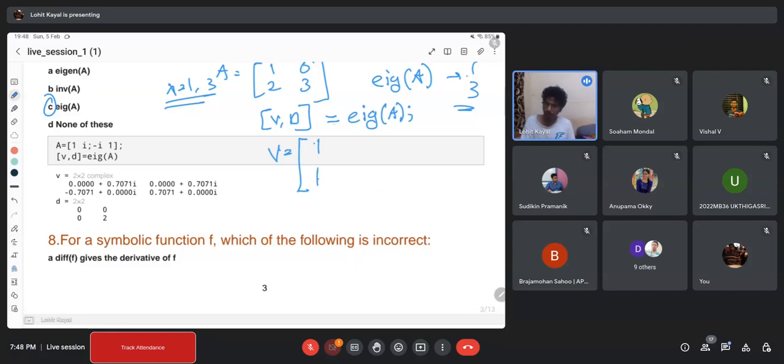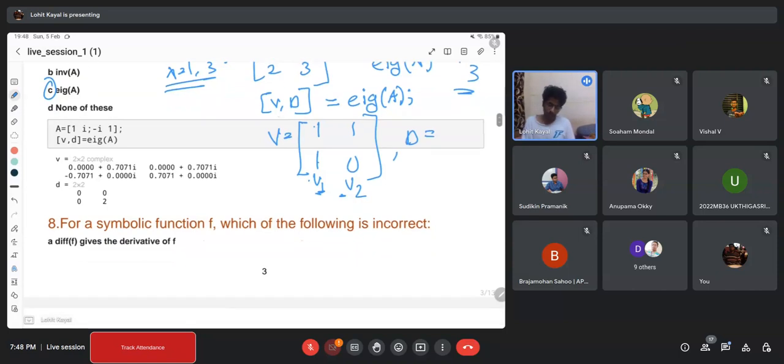Suppose 1 1 is the first eigenvector, V1, appearing in the first column, and another, maybe 1 0, appears in the second column, V2. The corresponding eigenvalues appear in D as a diagonal matrix: lambda 1, 0, 0, lambda 2. So 1 1 corresponds to lambda 1, and 1 0 corresponds to lambda 2.